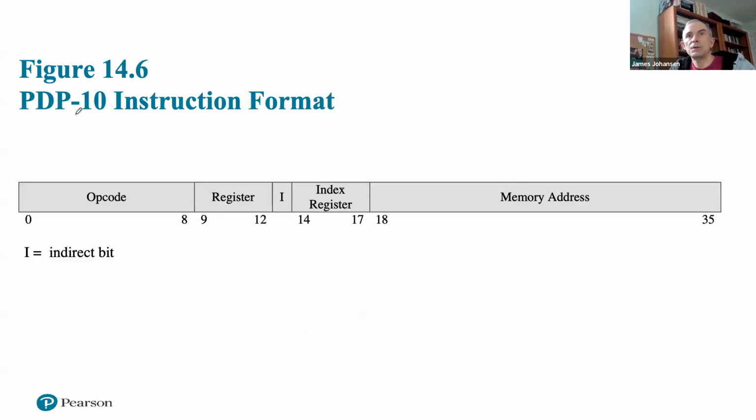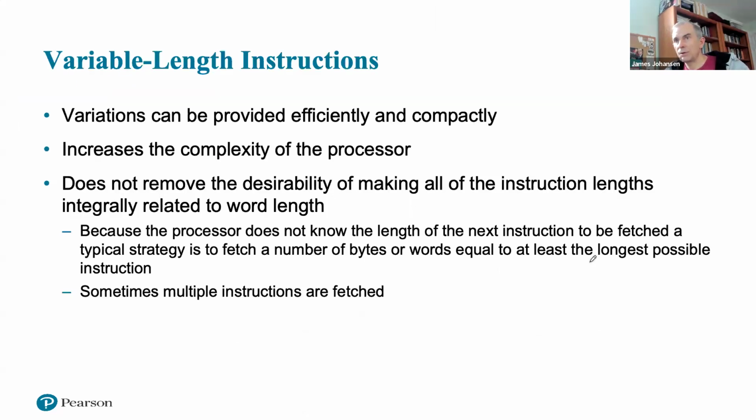Here was a PDP-10, still not an even increment of 2 to the something, so they have 36 bits. But you can see this is starting to look a little bit more like the format that we see in modern computers. Now we have this idea, well, what about having a variable length instruction? This is the thing that the x86 architecture has leaned heavily into.